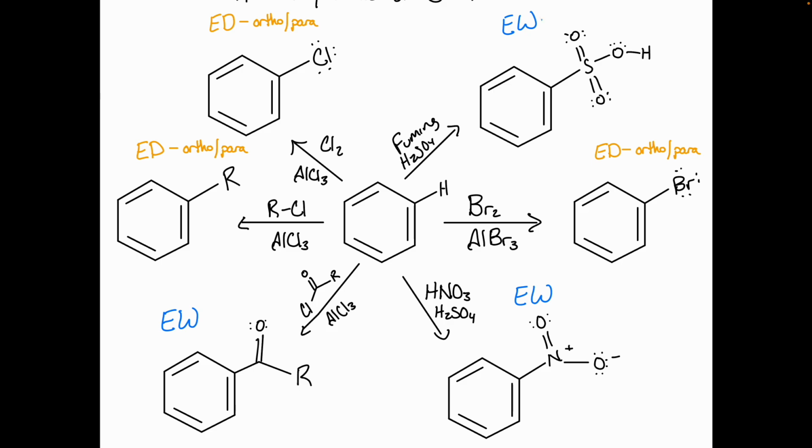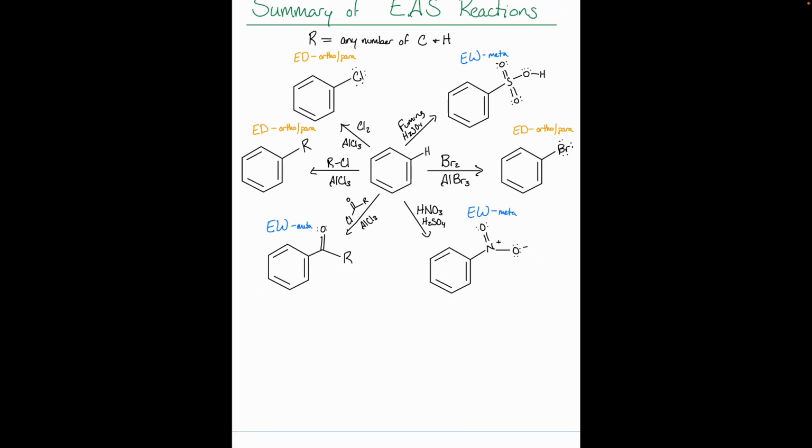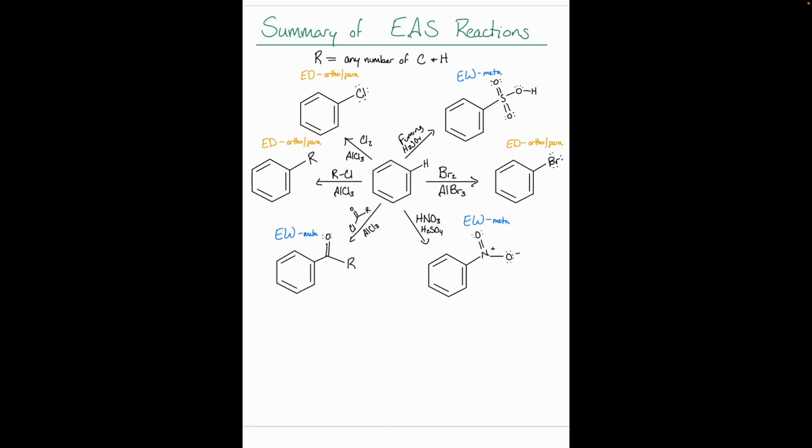Meta directors. All right, so here's our little ring now, summarized all of our 6 reactions that we talked about, plus whether these groups are ortho-para or meta-directing. And that's what we're going to have to consider when we start doing these reactions one by one, right? When we start pairing them up.